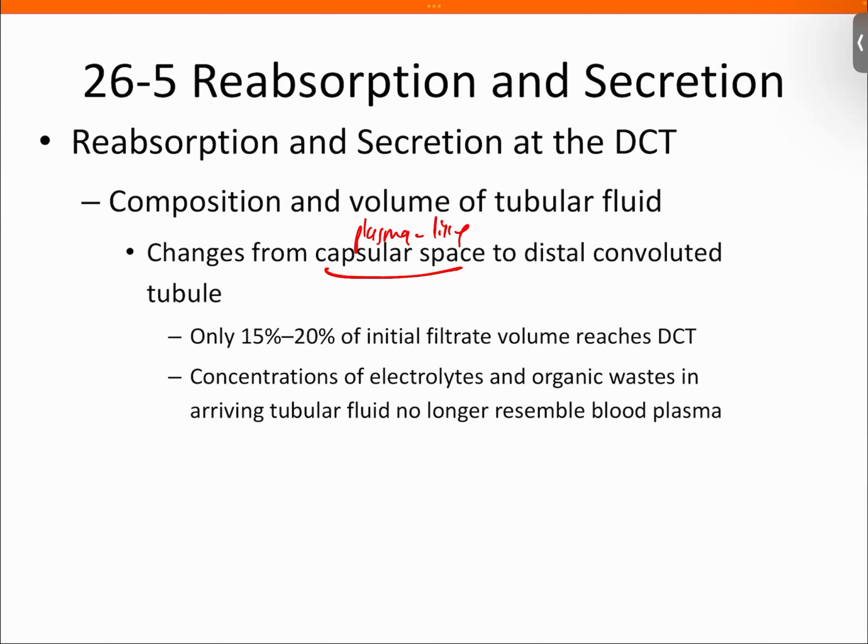So that's it. At this point, most of your electrolytes, organic waste, and things like that have been changed. Either they've been added to or taken from, but there have been so many modifications, things that you've dumped in there, things that you pulled out, that it no longer resembles your blood plasma. So it is now very much more like urine.